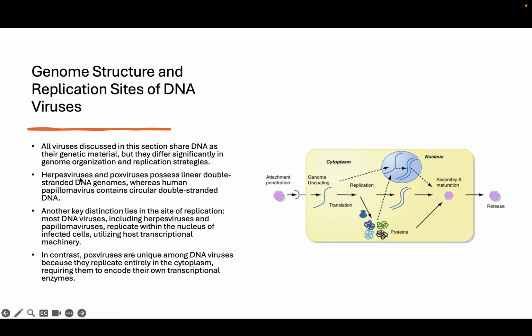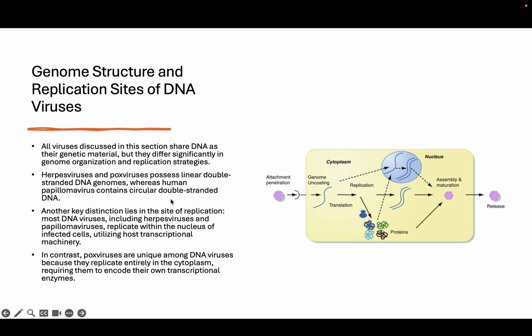Herpes viruses and pox viruses all have linear double-stranded DNA. But human papillomaviruses are a bit different: they have double-stranded circular DNA. So that makes them different in their organization.